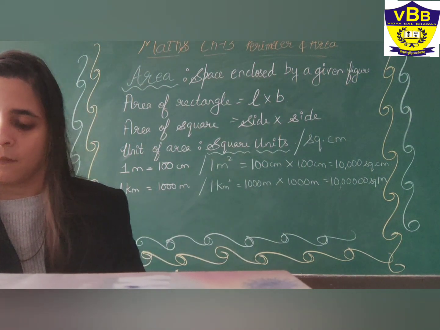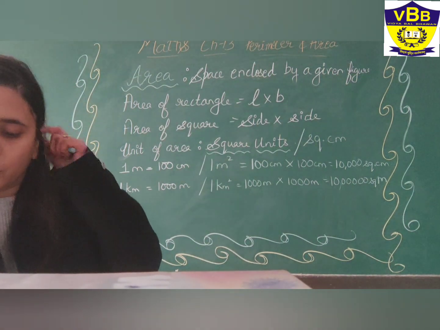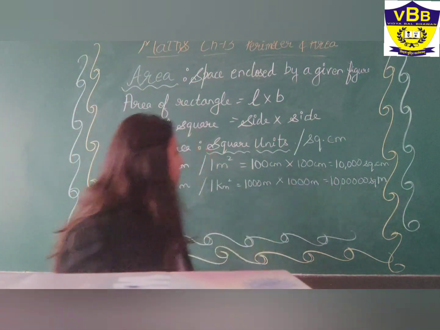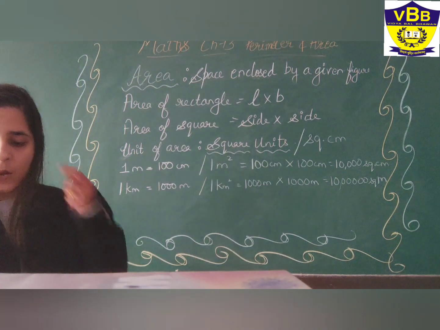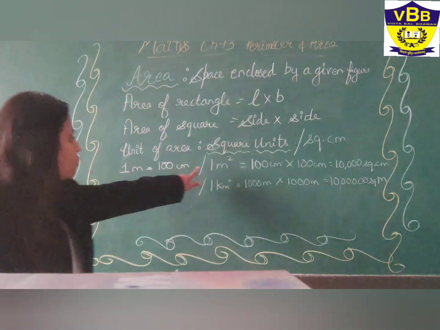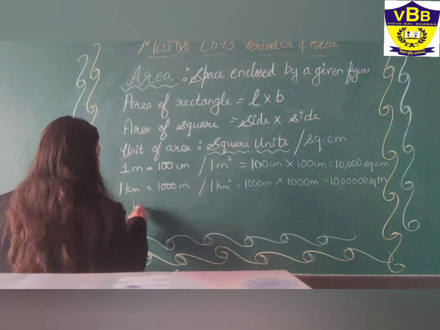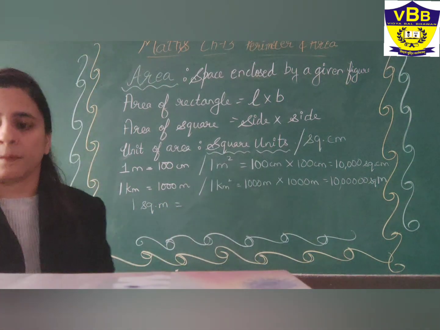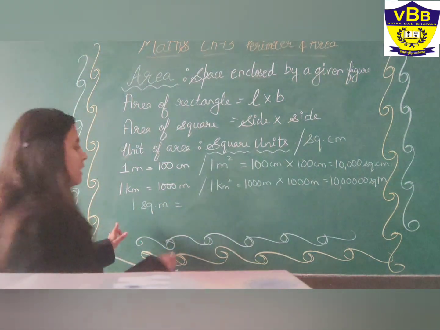Now, next comes the conversion of square meter. 1 square meter can also be said as 1 centiaire.